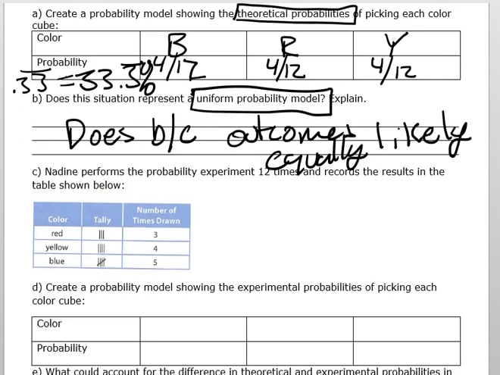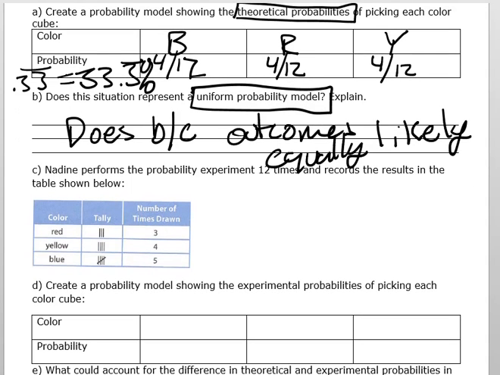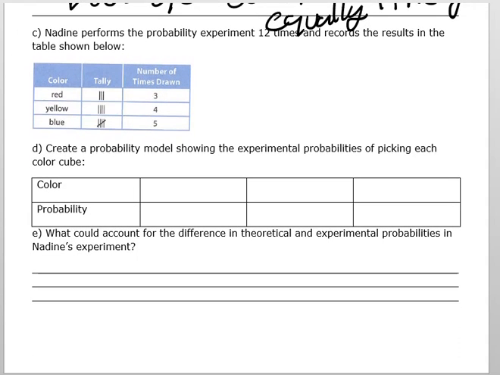Nadine performs this experiment 12 times and she records the results. She gets, it looks like here, 3 red, 4 yellow, 5 blue. So given that, I now want to create her experimental probability. So red, yellow, blue. Okay, so red was 3 out of 12, which is 25%.